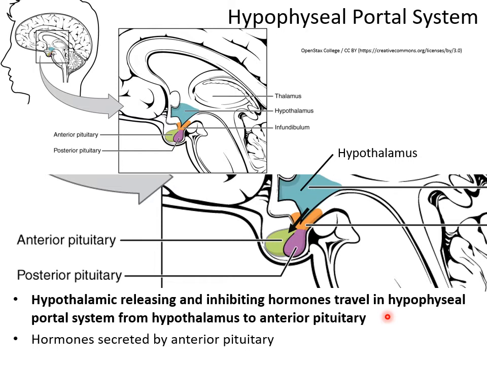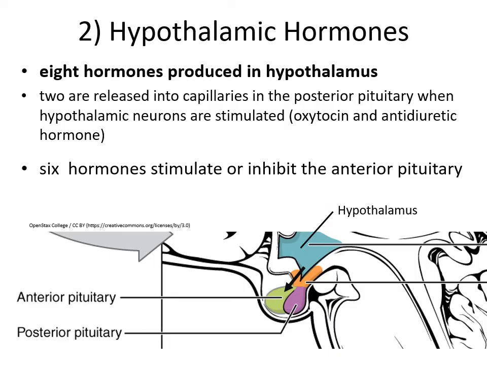And then the anterior pituitary changes its behavior and what hormones it releases in response to what the hypothalamus dictates. So there are 8 hormones that are produced by the hypothalamus. 2 are released in capillaries in the posterior pituitary when hypothalamic neurons are stimulated, and 6 are either directly stimulating or inhibiting the anterior pituitary.